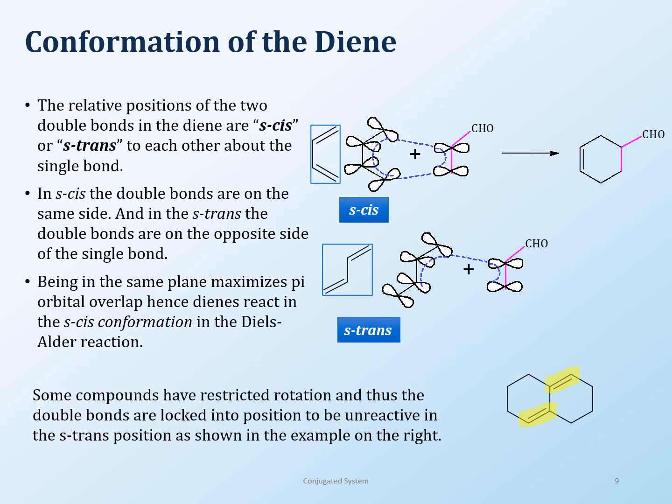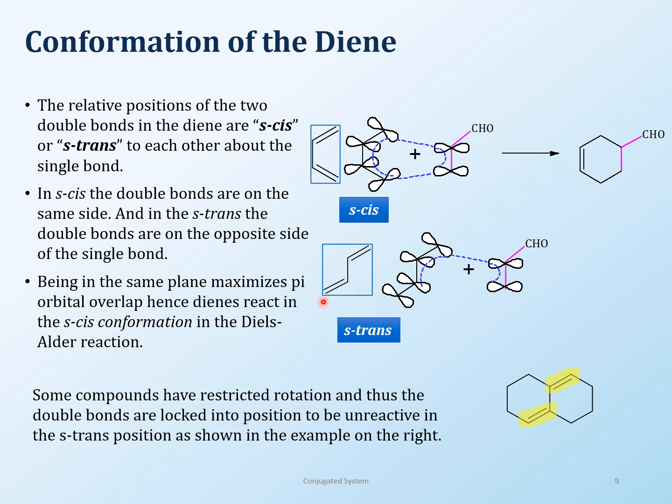Now let's look at the diene, okay? So the diene also can have different conformations. Now diene is the 4 system, okay, where you have the 4 carbons. So I've given you this diene over here, which is what we have normally seen, okay? So in this case, this is called an S-cis diene. And then if you have the double bonds going in the opposite direction, then this is called the S-trans diene, okay?